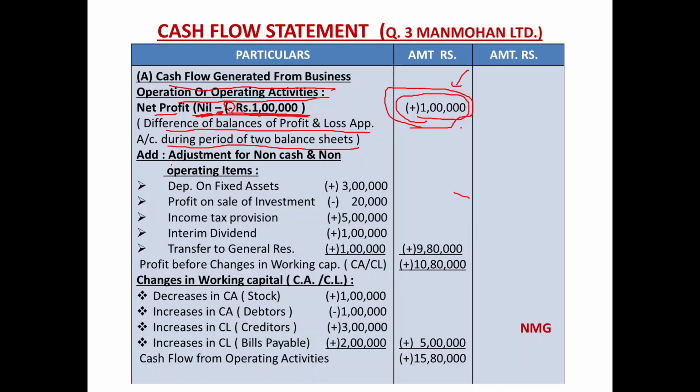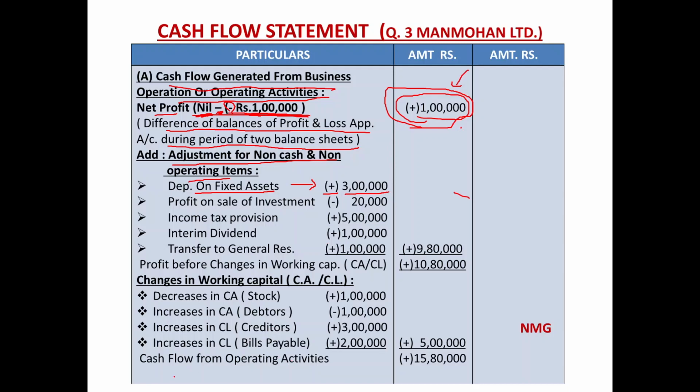Now adjustment for non-cash and non-operating items. We are giving adjustments for non-cash and non-operating items in the net profit ताकि वो बदल जाए कैश प्रॉफिट में जो सिर्फ बिजनेस के ऑपरेशन में से मिला हो. Depreciation on fixed assets rupees 3 lakh, plus is assigned for addition, rupees 3 lakh.